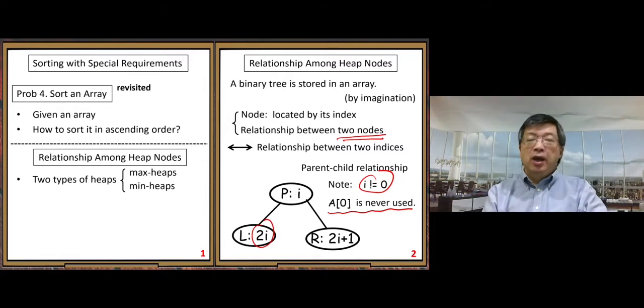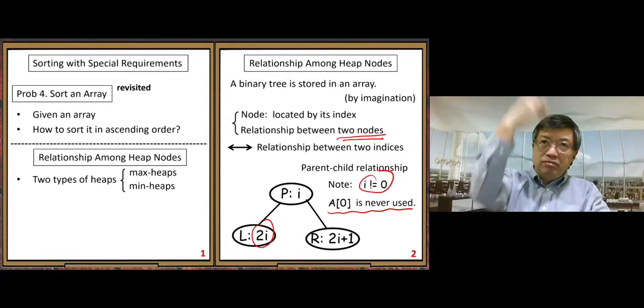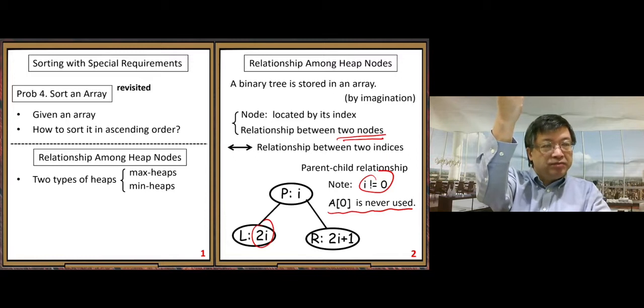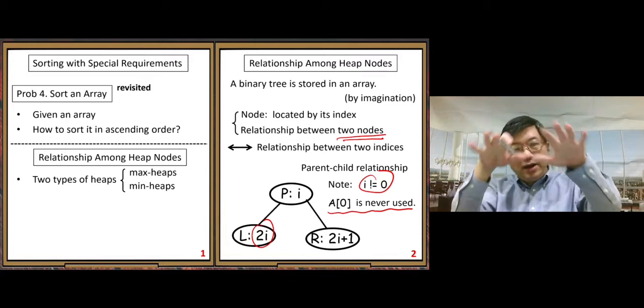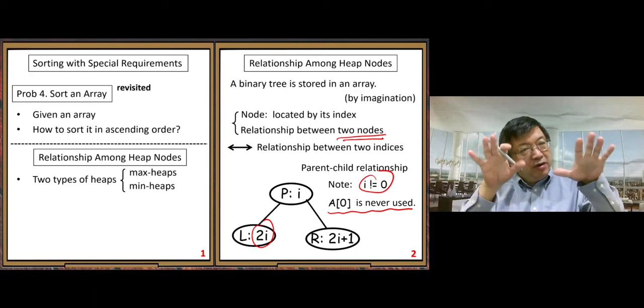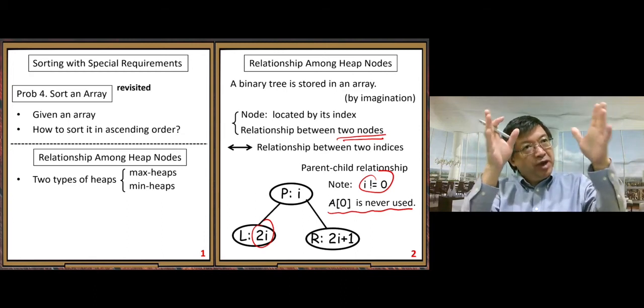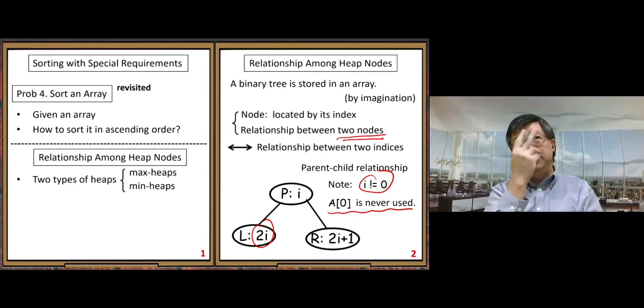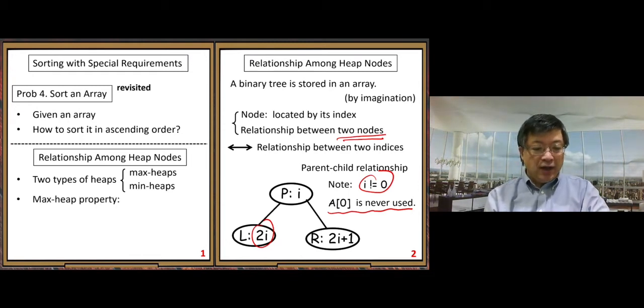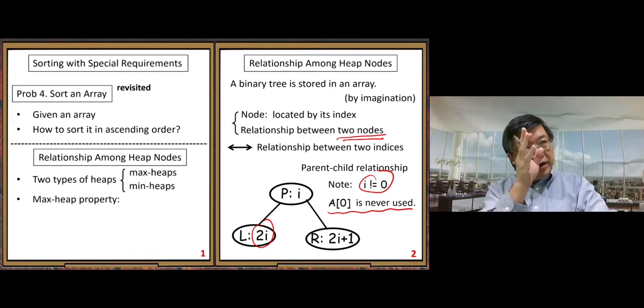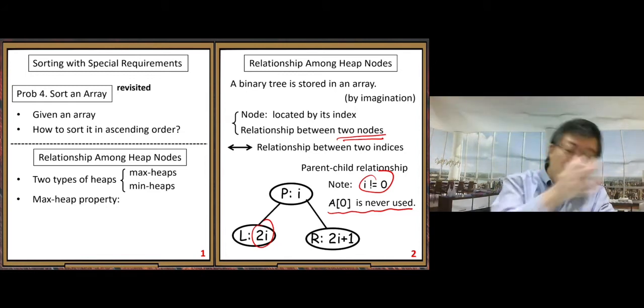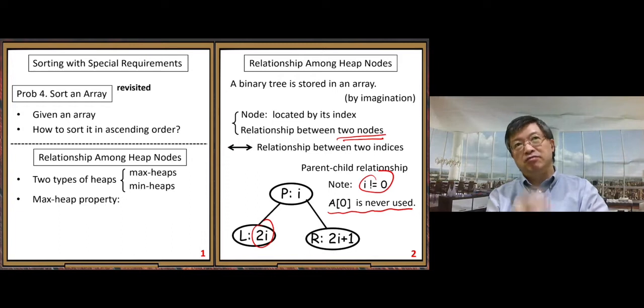The minimum element is at the root of the heap. Then the remaining nodes will follow some special heap property. So two types of heaps. For the first type, we enforce the max heap property for the max heap type.